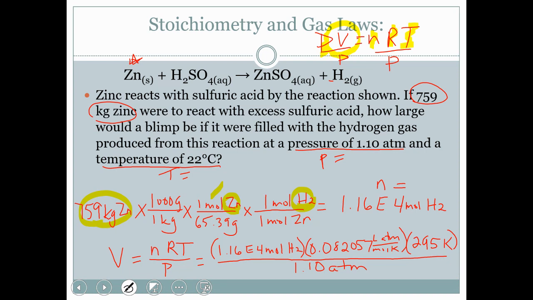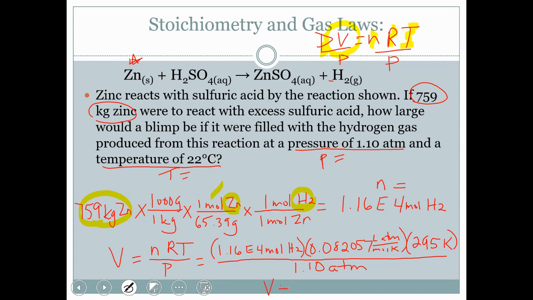So multiplying the top three numbers, dividing by that pressure, and let me see. Once again, I think I hit the wrong button. I apologize. And dividing by the pressure. I want to put this in scientific notation because it is a big number. I do still need 3 sig figs.